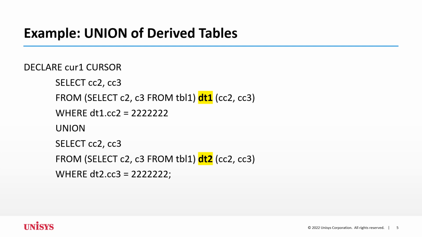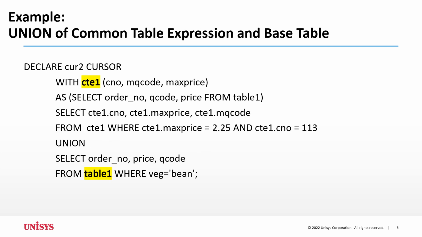The first example describes a union of two derived tables named DT1 and DT2. This example demonstrates a union of a common table expression named CTE1 and a base table named Table1.